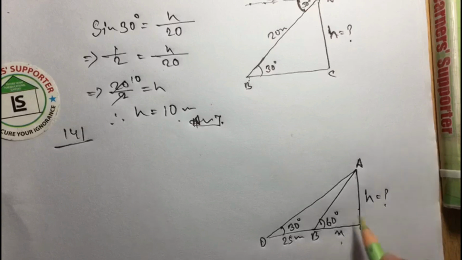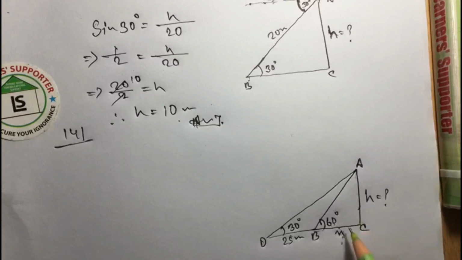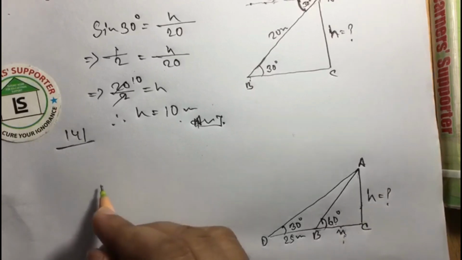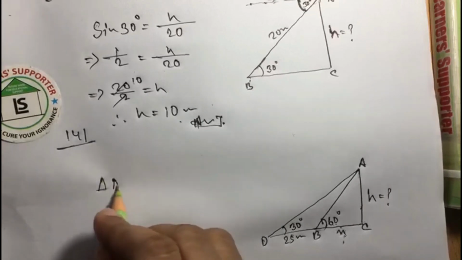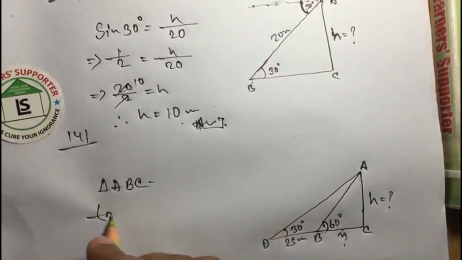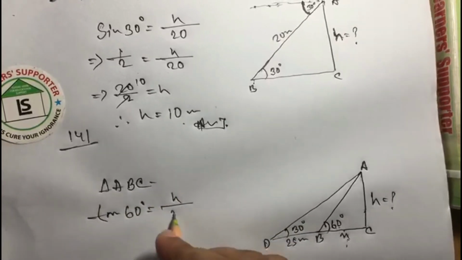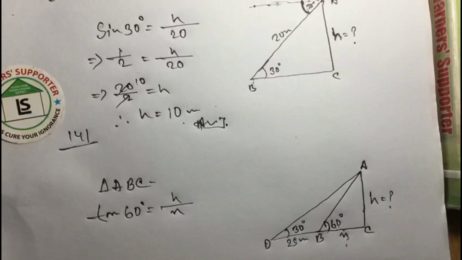I can make a relation between them. If we think about the acute angle 60 degrees, I will make the relation between opposite and adjacent. So opposite by adjacent means tan. That means in triangle ABC, I can write tan 60 degrees equals opposite by adjacent. Tan 60 degrees equals root 3.